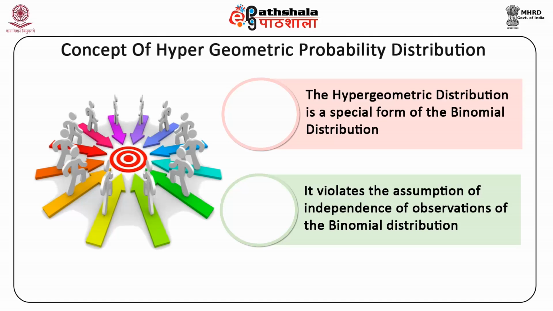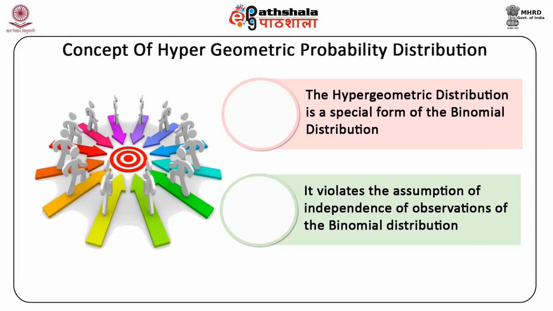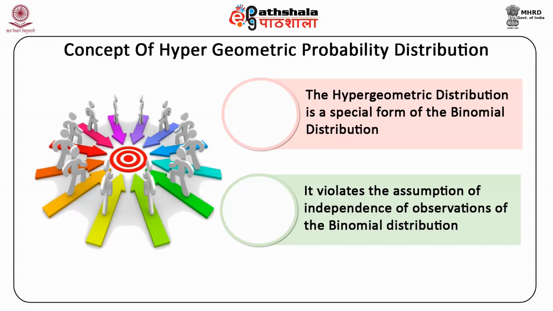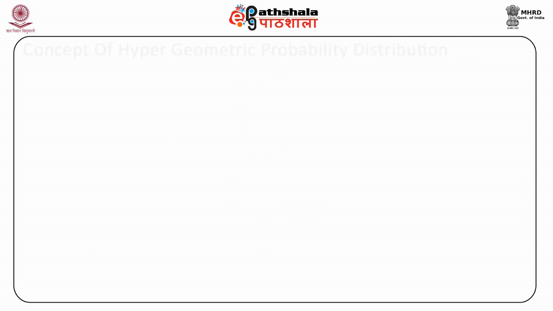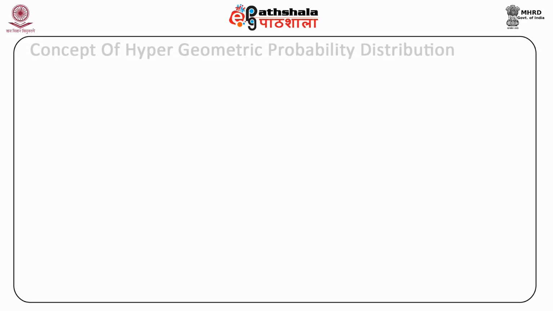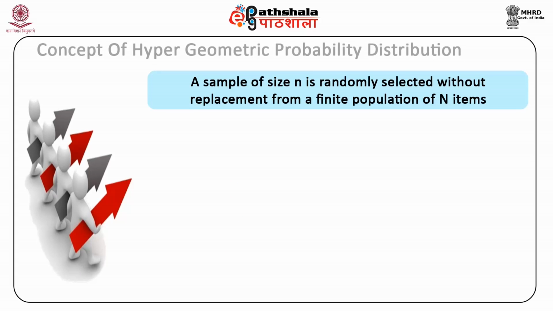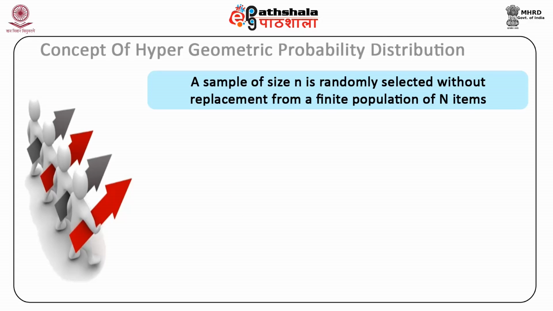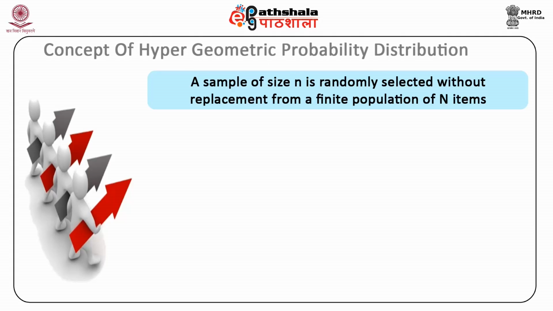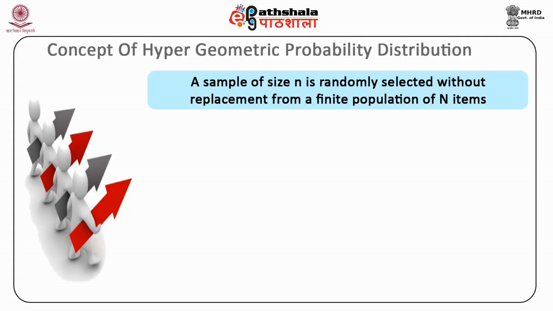But if we drew a green marble on the first draw, the probability of selecting a red marble on the second draw is 5 by 9 and not 5 by 10 as before. Therefore, a hypergeometric experiment is a statistical experiment in which a sample of size n is randomly selected without replacement from a finite population of N items.